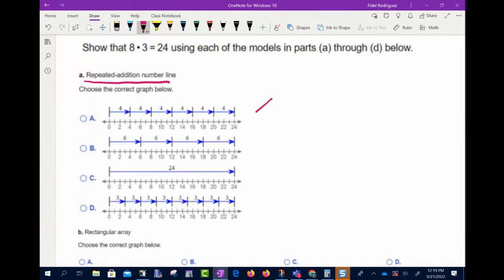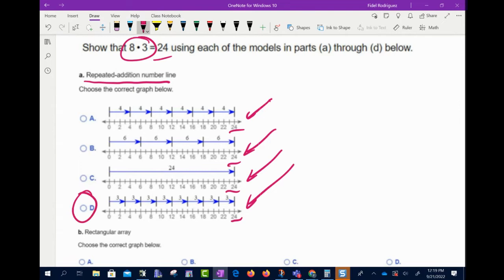Now, one thing I want you to notice about this problem is that they all end in what number? 24, right? Which is what we have right here. So that's not really the point. The point is which one of those number lines shows us either adding up the number 3 8 times or adding up the number 8 3 times.